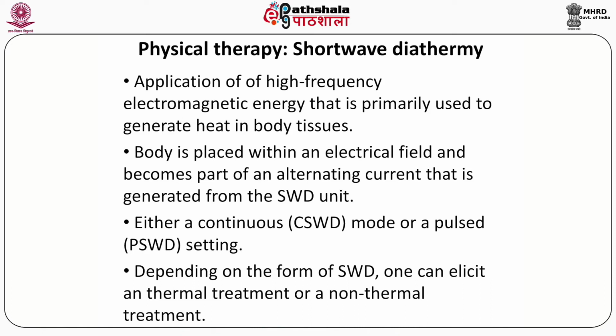The shortwave diathermy is either in a continuous mode or a pulsed mode. The continuous mode is called continuous shortwave diathermy and the pulsed is called pulsed shortwave diathermy. Depending on the form of shortwave diathermy, one can elicit a thermal treatment or a non-thermal treatment.